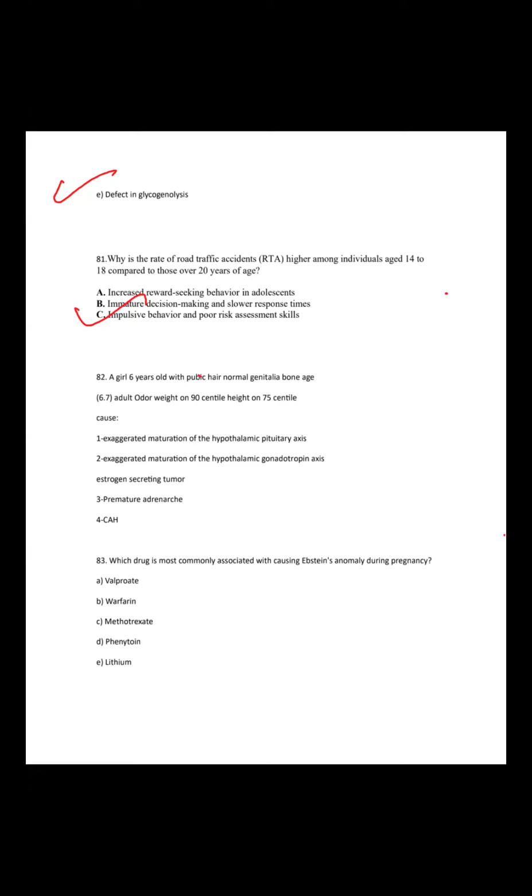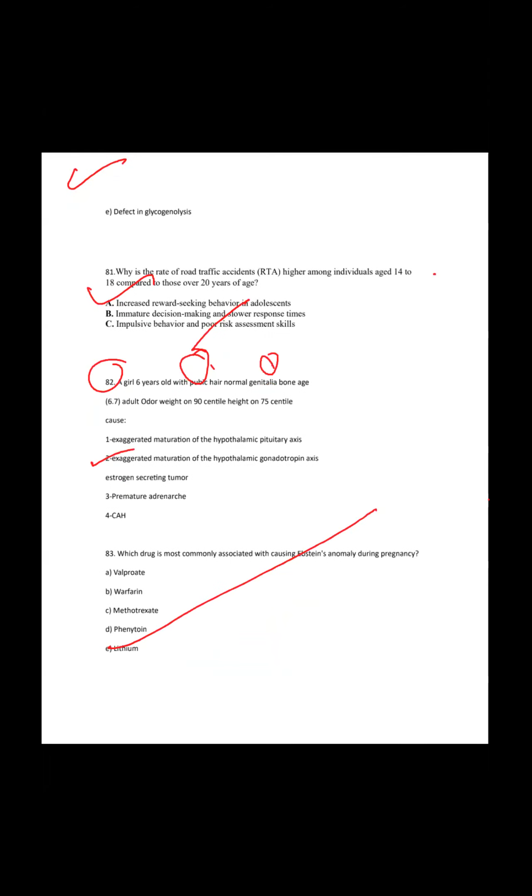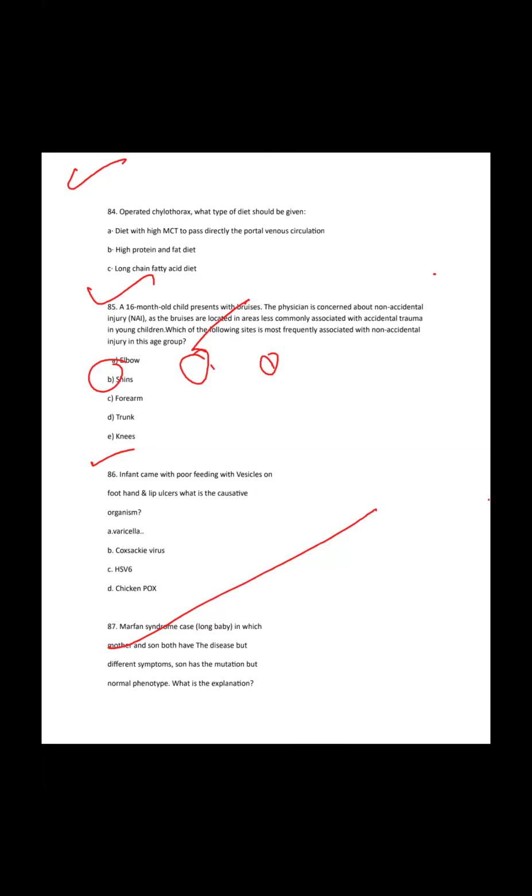Only pubic hair with normal genitalia, so most likely this is premature adrenarche. Ebstein anomaly is caused by lithium.